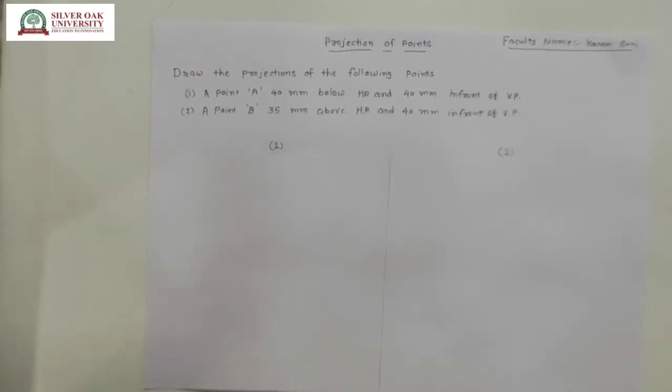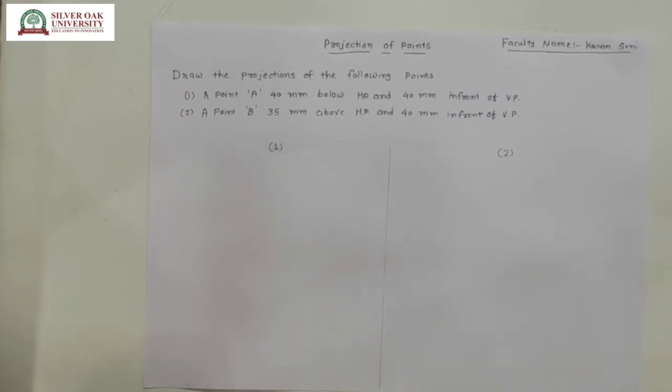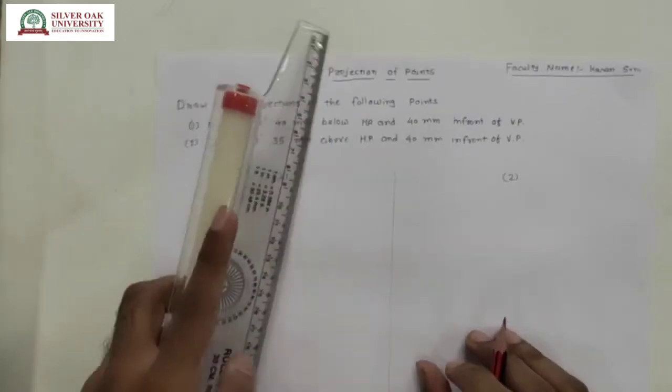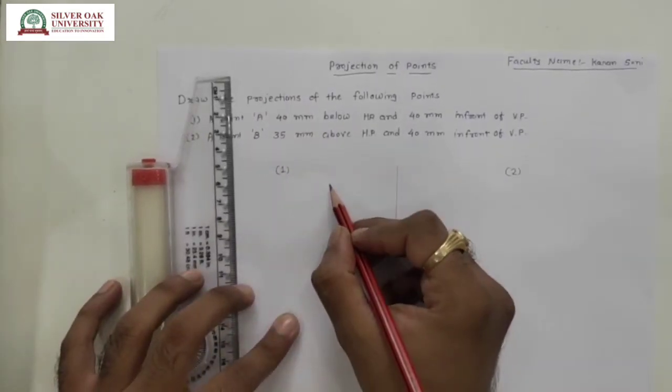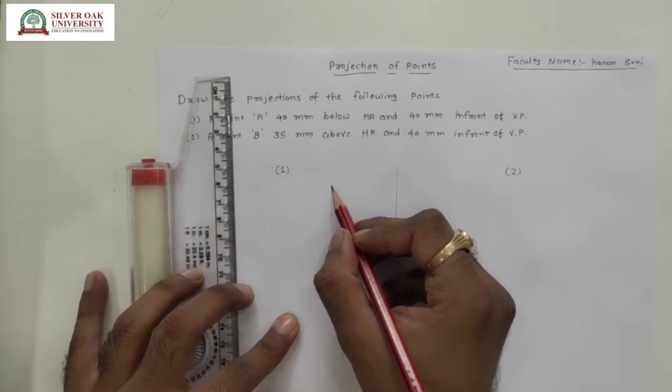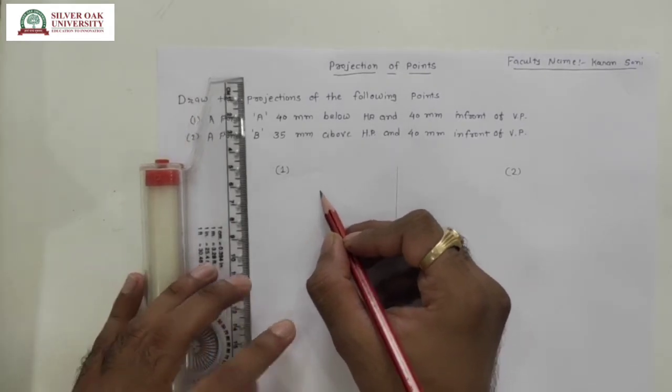Right now here the point A is 40 mm below HP and 40 mm in front of the VP. So first of all, let's draw the reference 3D plane for the first point. This is the reference plane.